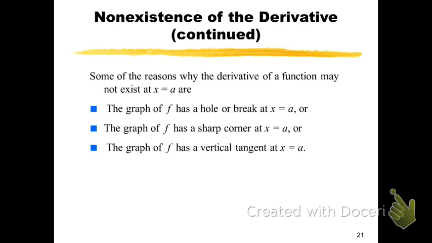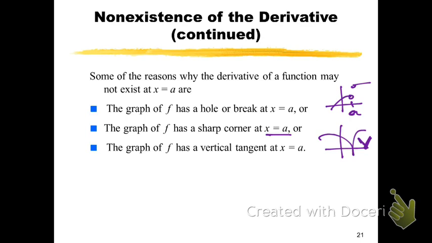These are some places where a derivative may not exist or be non-differentiable. If there's a hole or a break at a, so of course if I have a function with a hole, then it's not differentiable at this point. Let's call this a. Then we won't find a derivative. If I have a graph that has some kind of sharp corner, some kind of point here, these sharp corners are not differentiable at that point a.